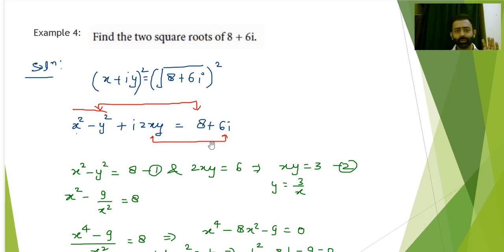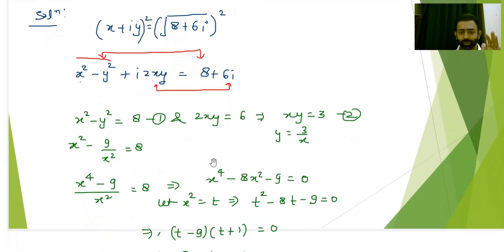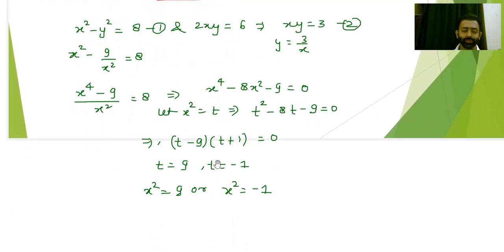So if you consider x square equal to minus 1, x turns out to be a complex number. So we have to reject this equation and simply find the value of x as plus 3 and minus 3.